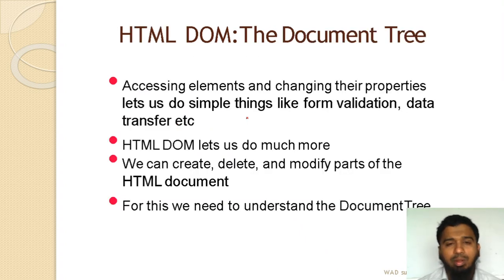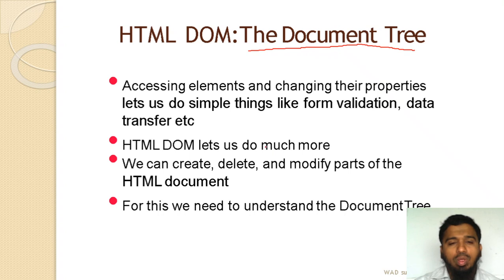This is a very important topic, the document tree. Here, accessing elements and changing their properties lets us do simple things like form validation, data transfer, etc. HTML DOM lets us do much more.